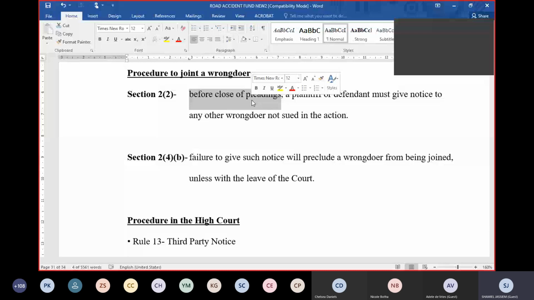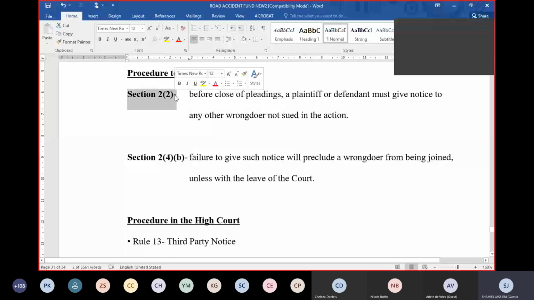Now, if you are the wrongdoer that I would like to bring before court, and you receive my notice in terms of Section 2.2 stating that it is my intention to join you to proceedings in this matter in the High Court, what would be your options after receiving such a notice?